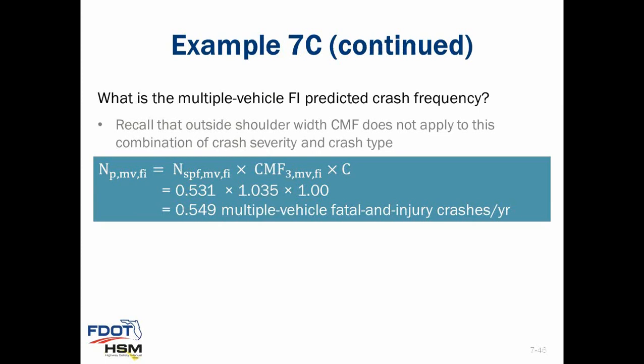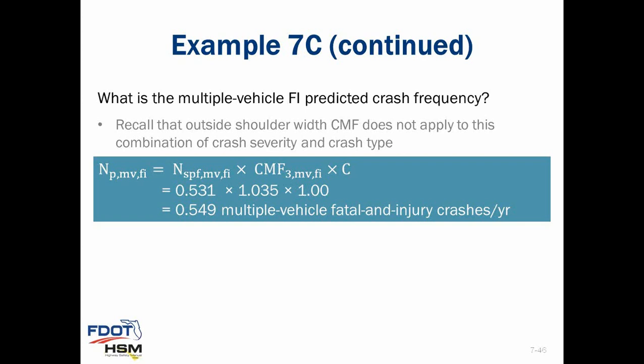In example 7a, we computed the value of the SPF for multiple vehicle fatal and injury crashes. It was 0.531 multiple vehicle fatal and injury crashes per year. In example 7b, we computed the value of the CMF for a 4-foot inside shoulder width.